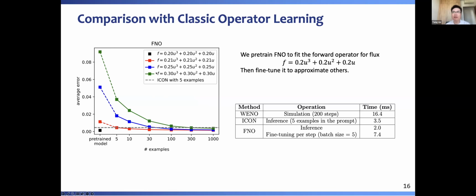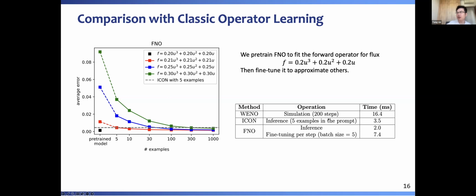If this red one is very similar to the black one, you only need 5 examples to approximate the new one. But for others, like this green one, you need at least 300 examples. But with our so-called in-context operator networks, ICON, with 5 examples, we can basically approximate all these problems.